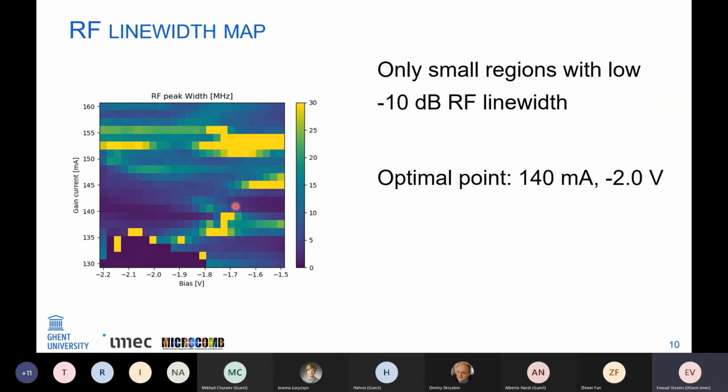And then there were only 2 regions that had a small line width, and they were both near a gain current of 140 milliamps. And it turned out that here in this region, at -2 volts, 140 milliamps, we get the lowest RF line widths. So that's what we assume to be the optimal operating point of this laser.